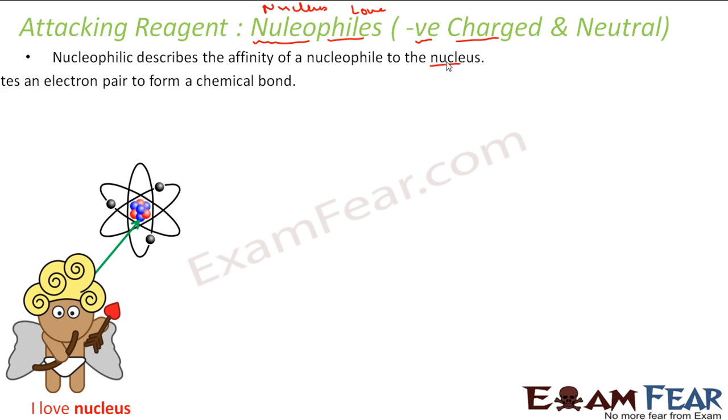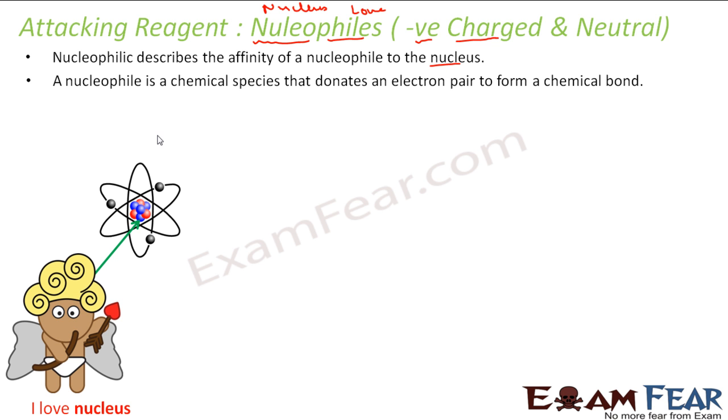We'll take some examples. The definition of a nucleophile is a chemical species that donates an electron pair. Why do they donate an electron pair? The nucleus is electron hungry, right? So nucleus is saying, if you want to come near me, you have to give me electrons. And this guy is saying, since I love nucleus so much, I am ready to donate an electron pair, and thus I am a nucleophile.